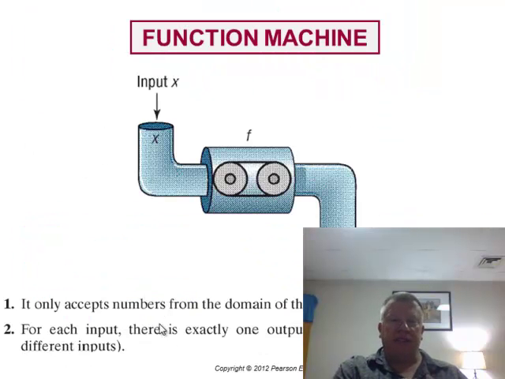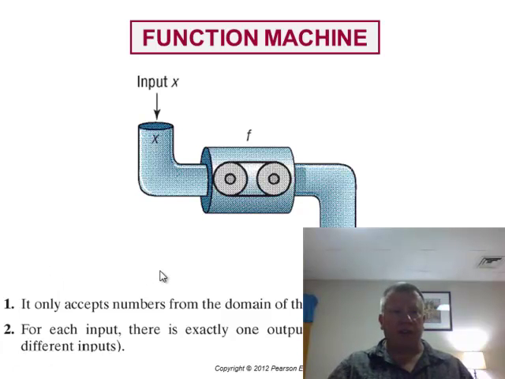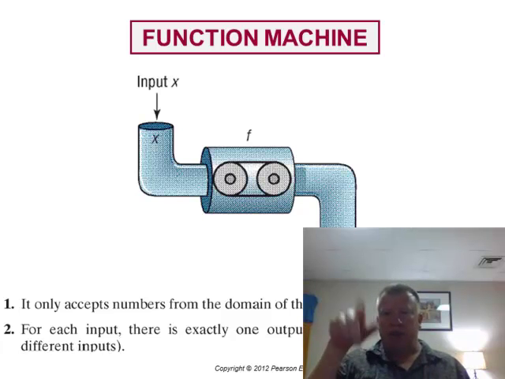So whether you have a simple function or a very complicated function, a function is basically a machine where you plug in a value for x and then you figure out what the value of f is for that given value of x. You might have to do some math, some algebra, but you're essentially simplifying some expression or maybe looking some number up in a table or something like that.